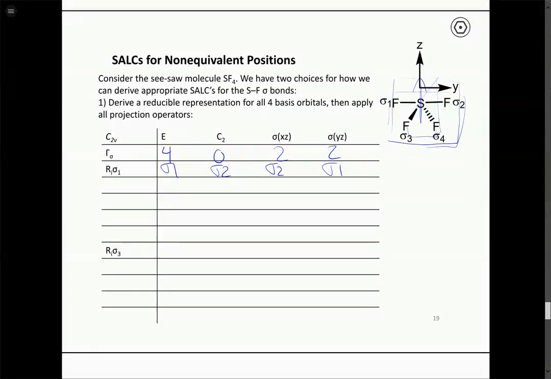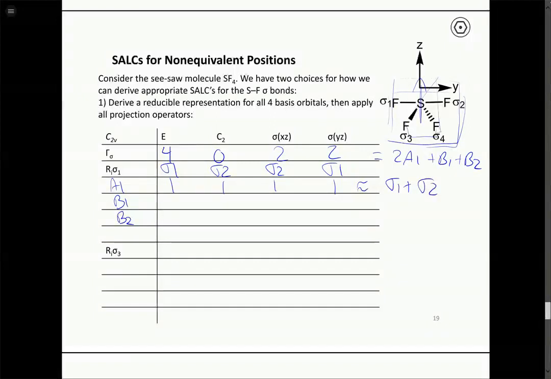And then if we apply all of the projection operators, when we reduce this set of characters that we got up here, we get 2a1 plus b1 plus b2, and so we're going to apply all of those to sigma 1. So the a1 projection operator is a set of characters that are just 1, 1, 1, 1, and so this is approximately equal to sigma 1 plus sigma 2, an in-phase combination.